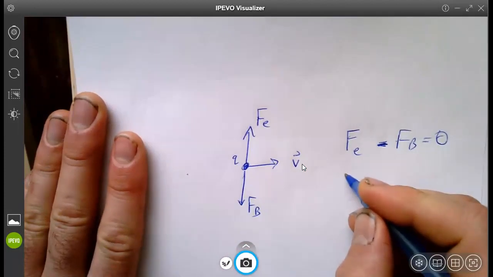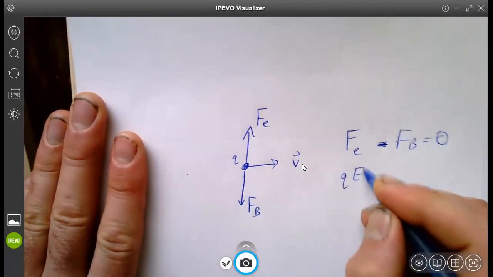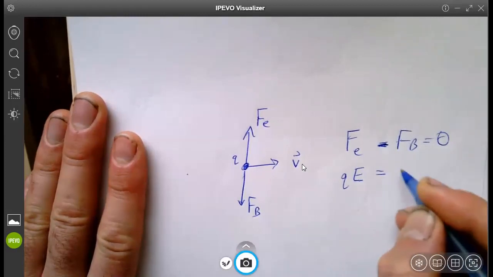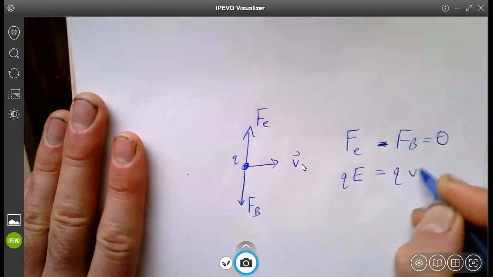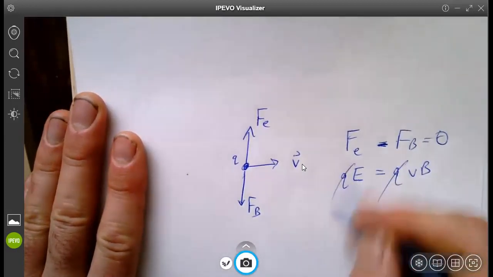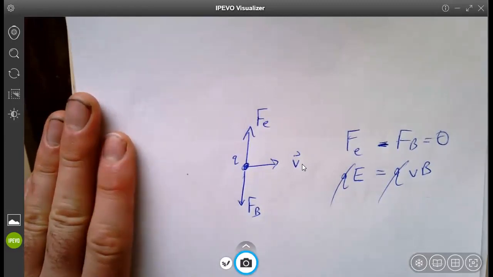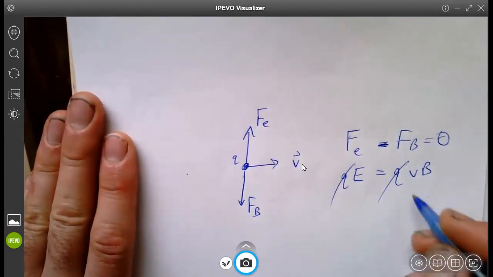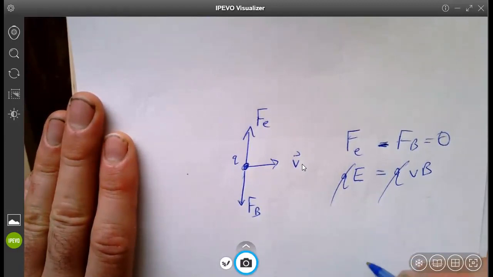Remember that the force of an electric field is qE, and the force of the magnetic field is qvB. So apparently it doesn't matter what the q is, it only matters what the velocity is.